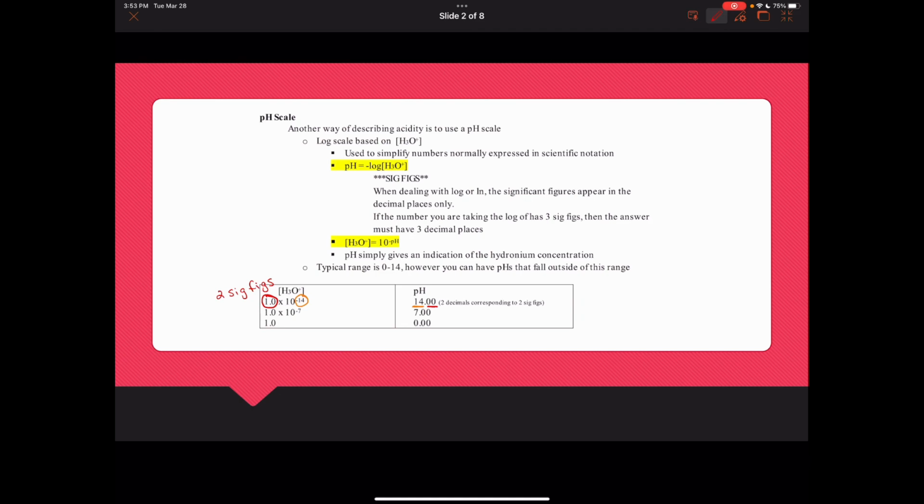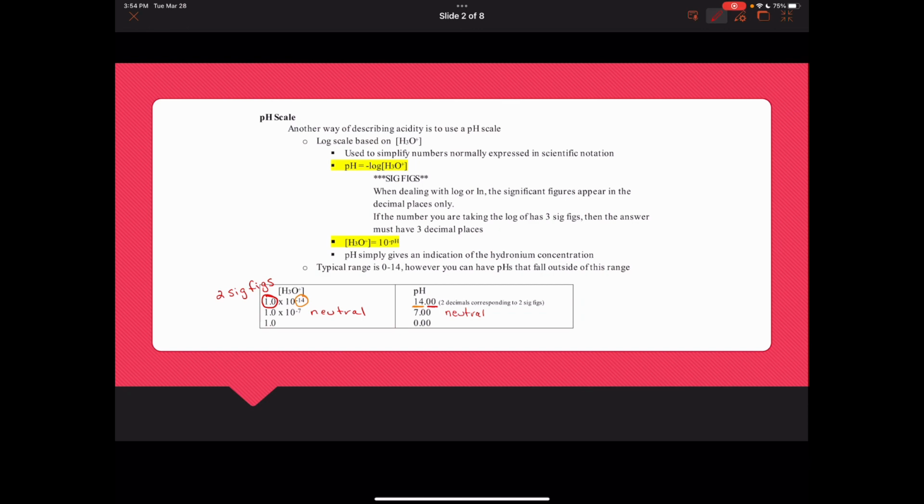Now remember that when we talked in terms of concentration, if I had a hydronium concentration equal to 1 times 10 to the negative 7th, then that was going to be a neutral solution. That's corresponding to a pH of 7. So on our pH scale, pH of 7, exactly 7, is going to be neutral.